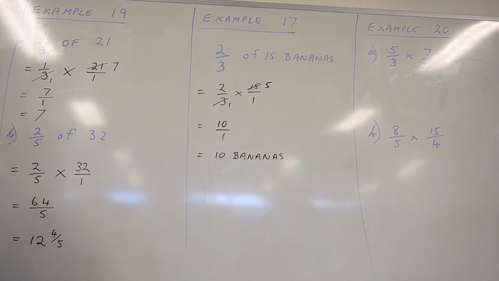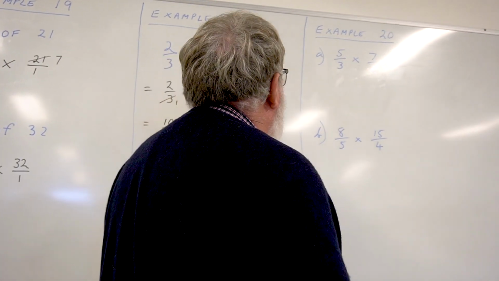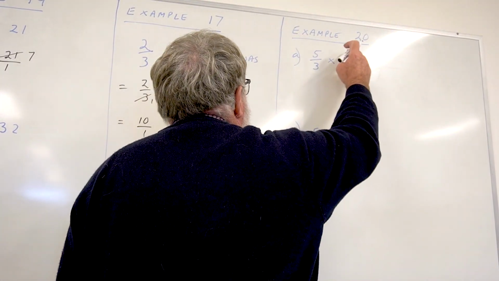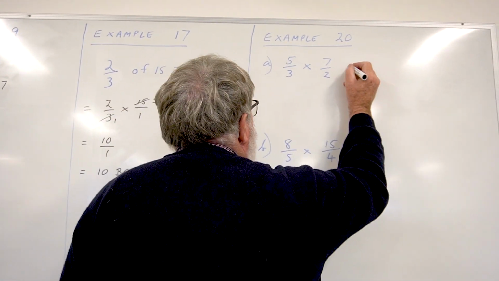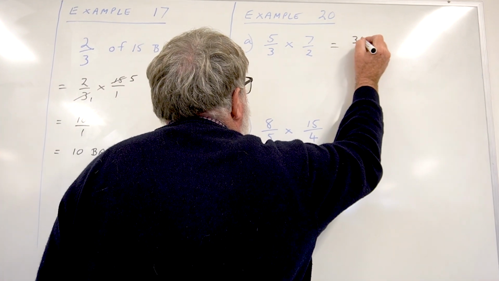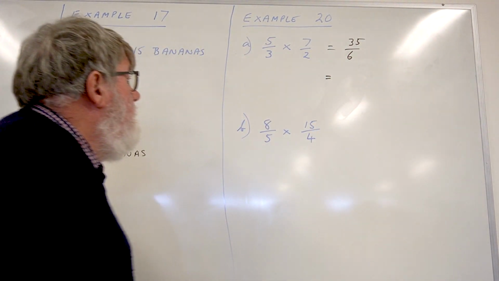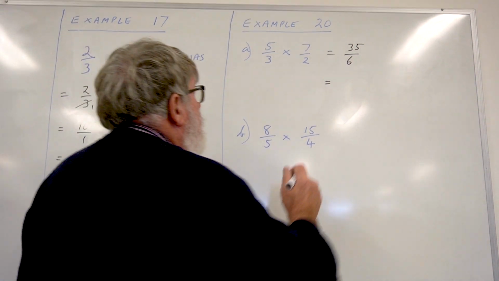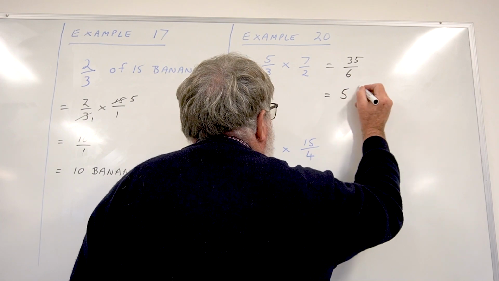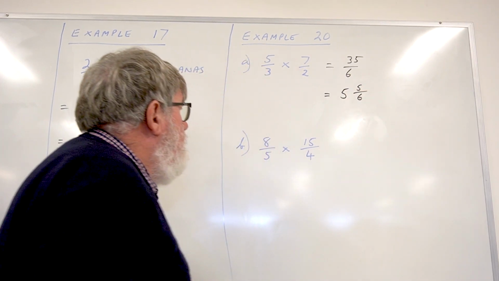And moving on to this example here, example 20, where we've got 5 over 3 times 7 over 2, then no common factors, so I have 35 over 6. Improper fraction. How many 6s in 35? The answer is 5 6s are 30 and a remainder of 5. So 5 and 5/6.